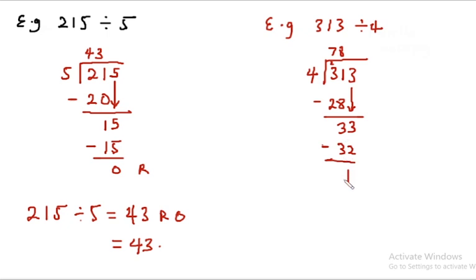And 3 minus 3 is 0. So we ask ourselves the question again. How many times does 4 go into 1? It cannot. And this number is smaller than 4. So we end our steps here. This simply means that 313 divided by 4 is equal to 78, remainder 1. So we can say this is the remainder.